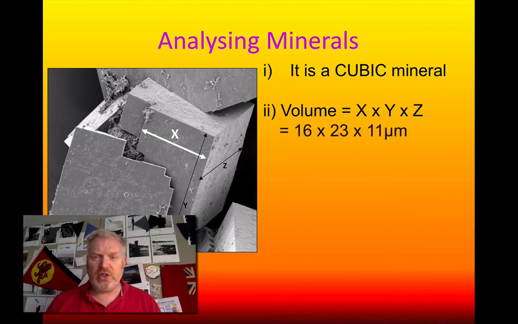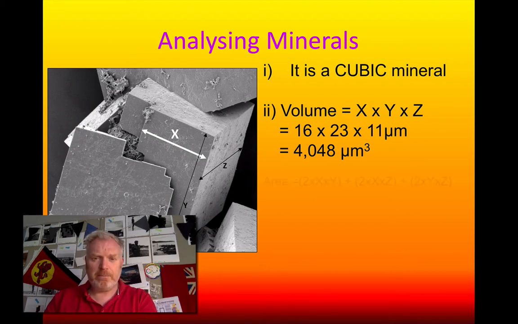Now, I measured these and I reckon that x is about 16 microns, y is 23 microns, z is 11 microns. Multiply those together, we get 4,048 cubic microns. It's a tiny, tiny amount. Significantly less than 1 cubic millimeter.